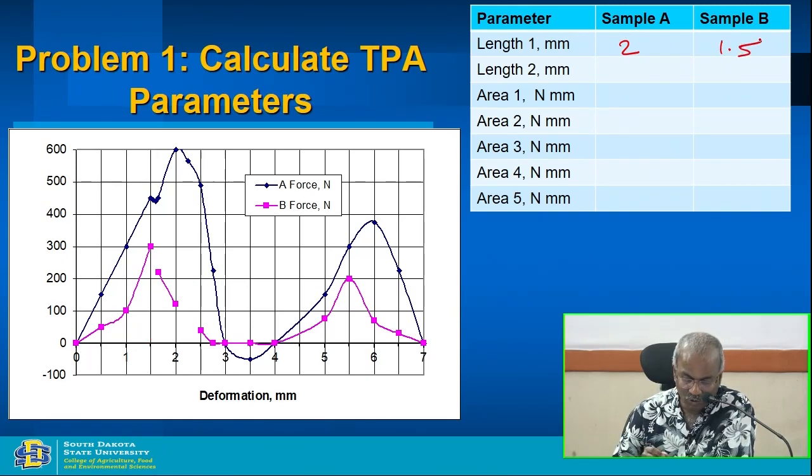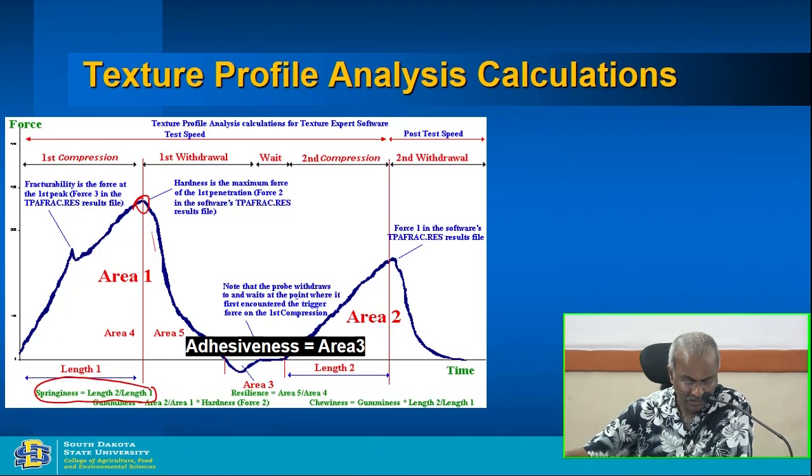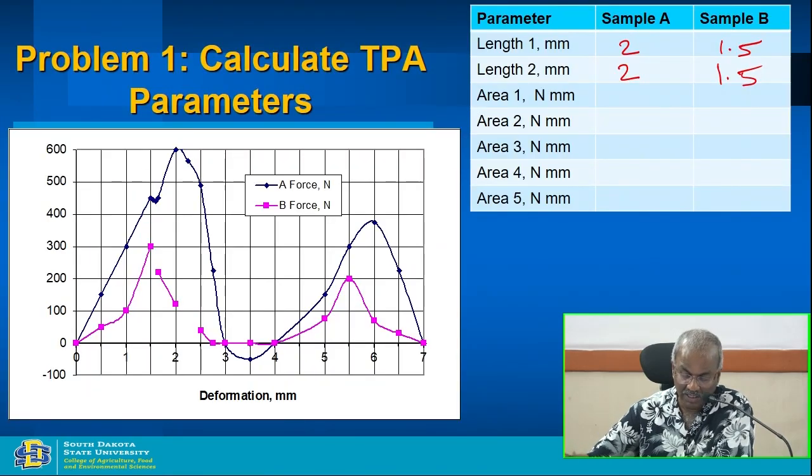And then length 2 is here, 6, 4, 2, 1.5. So far so good, right? Because this is 4, 5.5, 1.5, area 1. Okay, we need to calculate area 2, area 3, area 4.